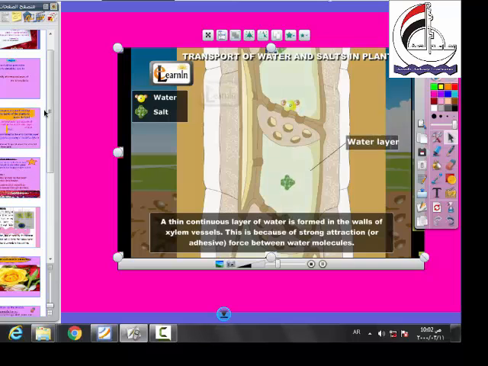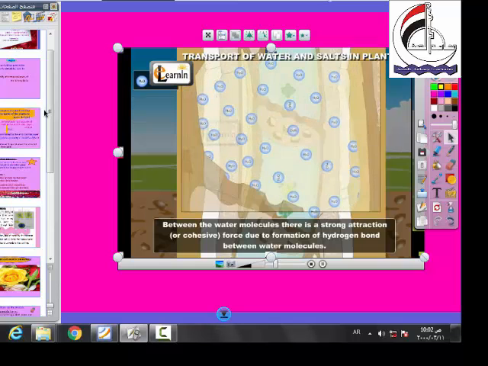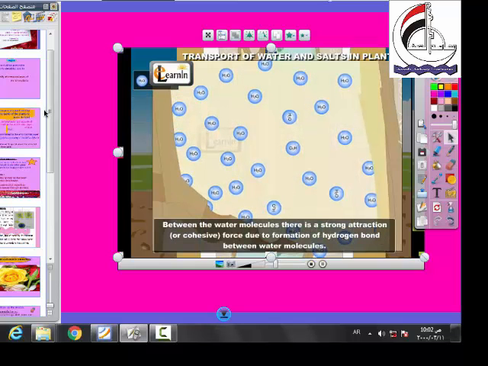A thin, continuous layer of water is formed on the walls of the xylem vessels because of this strong attraction. Between the water molecules themselves, there is also a strong attraction, or cohesive force, due to the formation of hydrogen bonds between the water molecules.